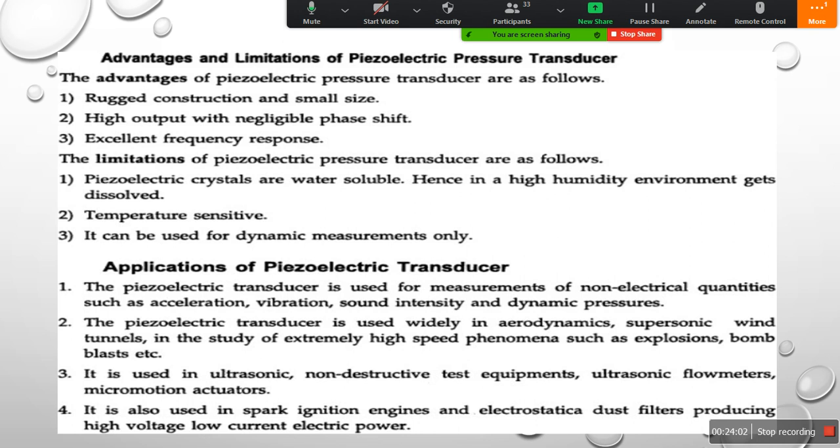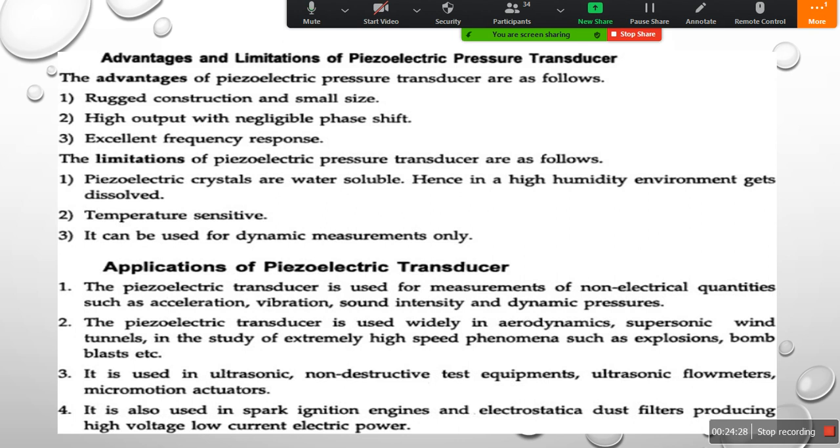Coming to the advantages of piezoelectric transducers: rugged construction and small size, high output with negligible phase shift, and excellent frequency response. Obviously it will have excellent frequency response because of the voltage generated. The limitations or disadvantages are that these piezoelectric crystals are water soluble, hence in a high humidity environment they get dissolved.